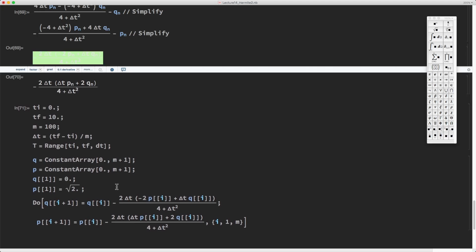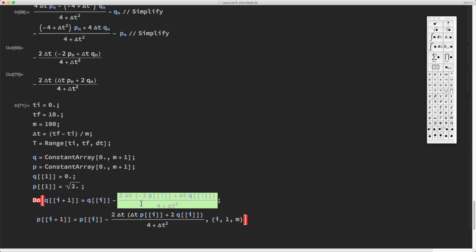So this is the expression for q that I'm using here. It's simply a matter of copying and pasting and then using the array notation here. And then I subtracted q_n, but I'm adding it back separately. And in this expression, I subtracted p_n, but I'm adding it back separately.